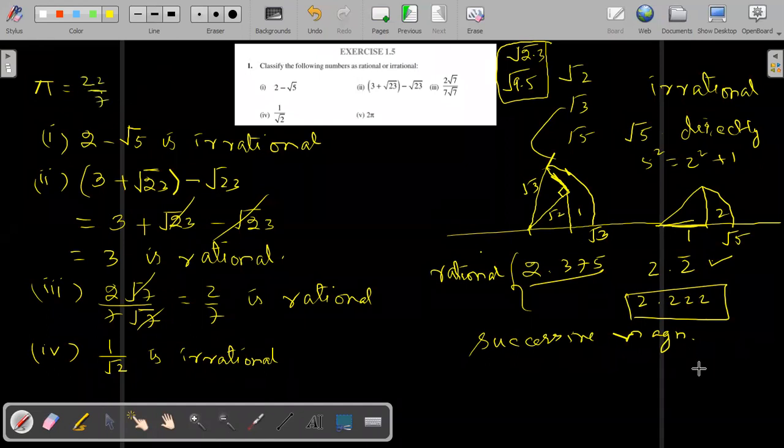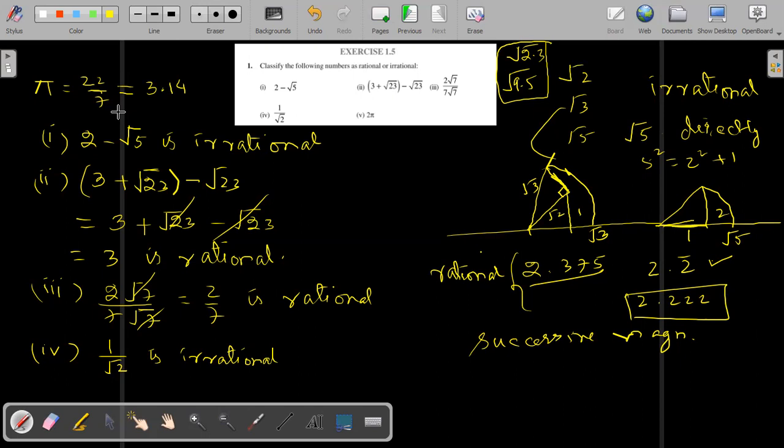Value of pi is 22 by 7. Yes, Ubaidullah, correct, not 24. Ubaidullah, you have written 24. It is 22 by 7. When you divide 22 by 7, this will become 3.14.